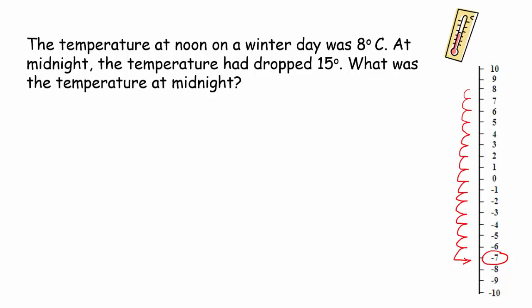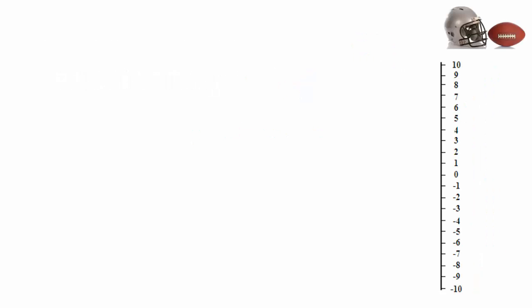So that tells me I start at 8 and I drop. Drop tells me negative, or go down 15 degrees. So from 8, I just counted down 15 and I ended up at negative 7. So then let's try to write the equation: 8 plus a negative 15 gets us to negative 7.